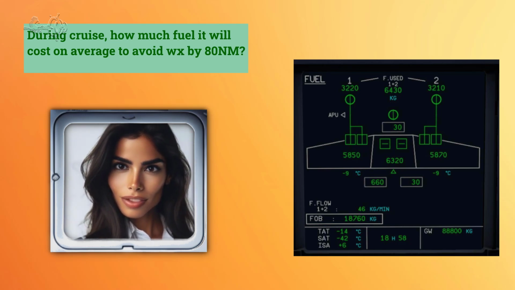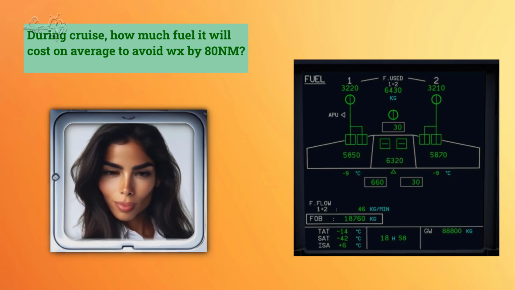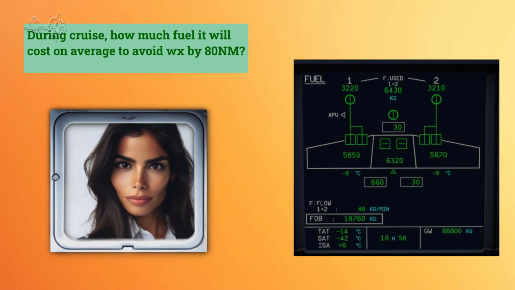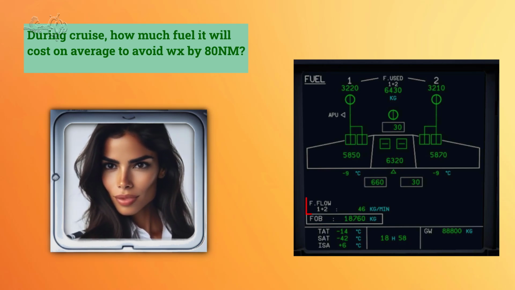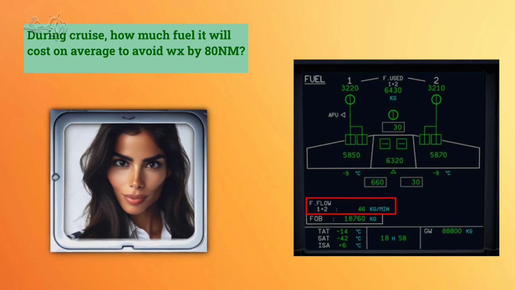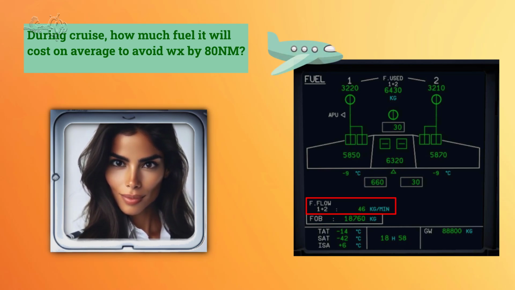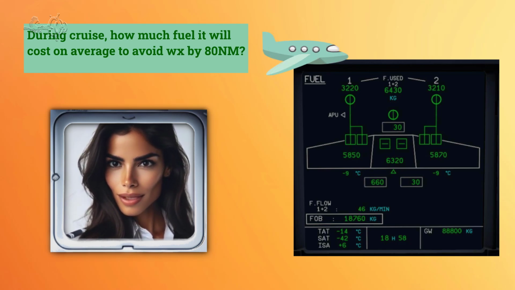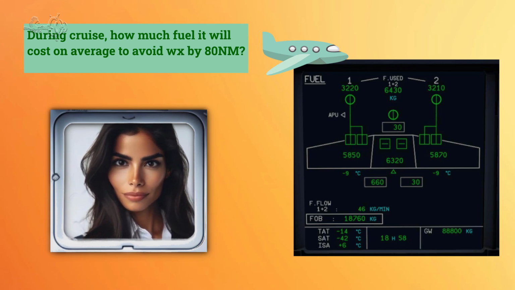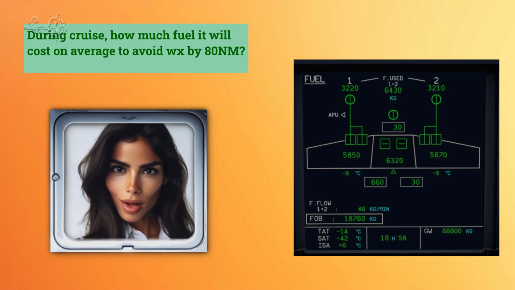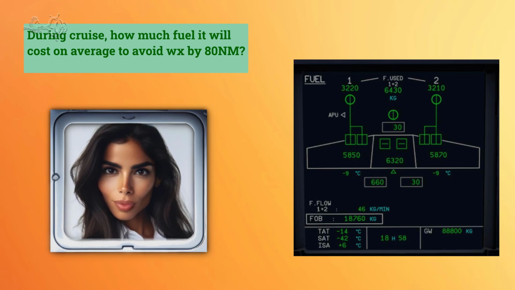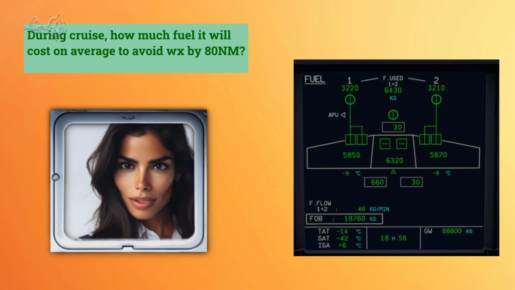Consequently, the time needed to deviate, say, 80 nautical miles would be 10 minutes. Next, open the fuel page to determine the fuel flow per minute. For the Airbus 320, this is around 40 kilograms per minute and 50 kilograms per minute for the Airbus 321. So for an 80 nautical miles detour, the extra fuel would be around 400 to 500 kilograms.